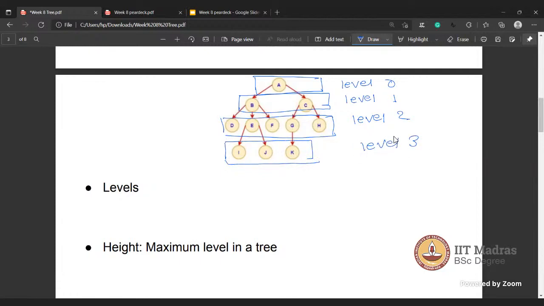So everyone got it. What is the level? Yes, sir.